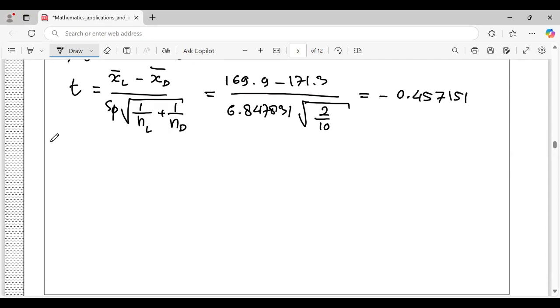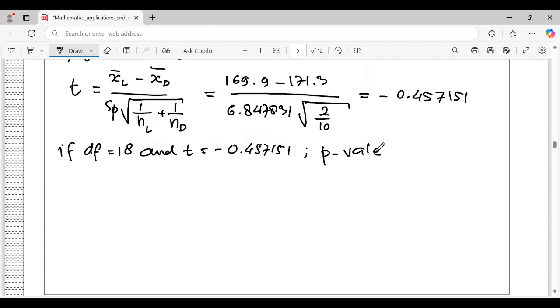Next, degrees of freedom equals 18, and the t statistic equals minus 0.457151. So you can find the p-value.